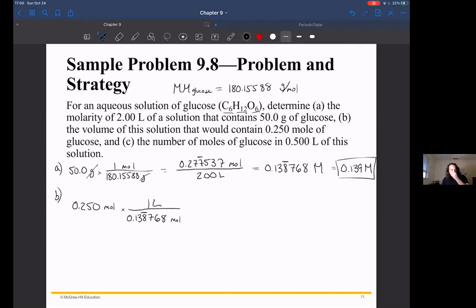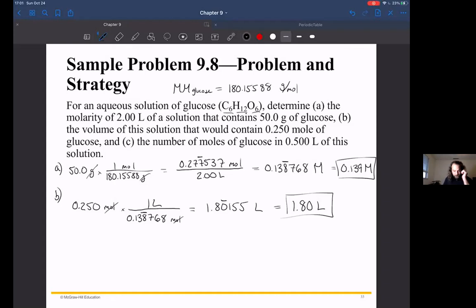I'm going to use my unrounded answer that just has the number of sig figs marked. That would be the most accurate way to do these calculations. And I get 1.80155. Looking at units, moles cancel and I'm left with liters. With 3 sig figs, that's 1.80 liters. That's my final answer there.